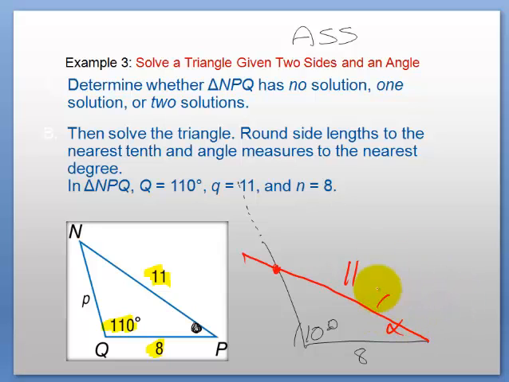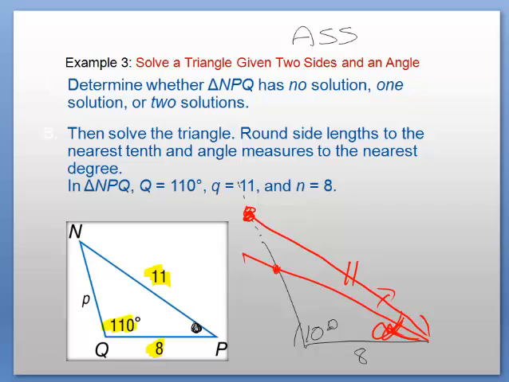So let's rotate this angle to the right a little bit. When we do that, now the angle is larger, but the 11 can actually reach the other side.